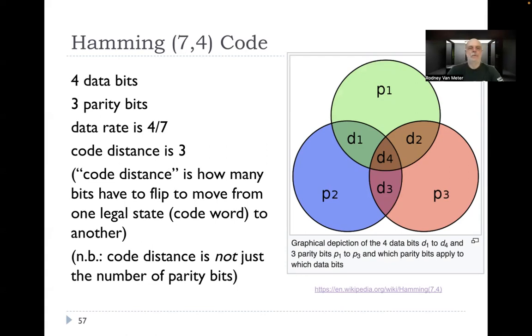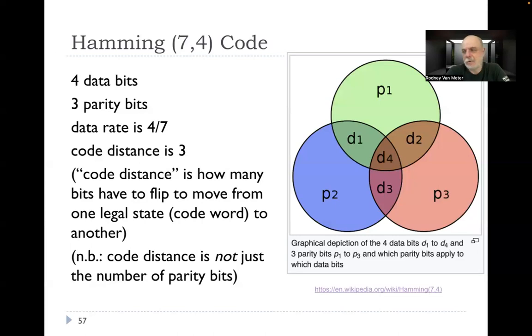That means when we want to send a 4-bit message, we're actually going to expand it out to 7 bits, and we send the 7 bits. So the data rate for this overall system is 4/7. So it's a little over 50% efficient, and that's a lot better than the 3 times for the system I was just describing a minute ago.